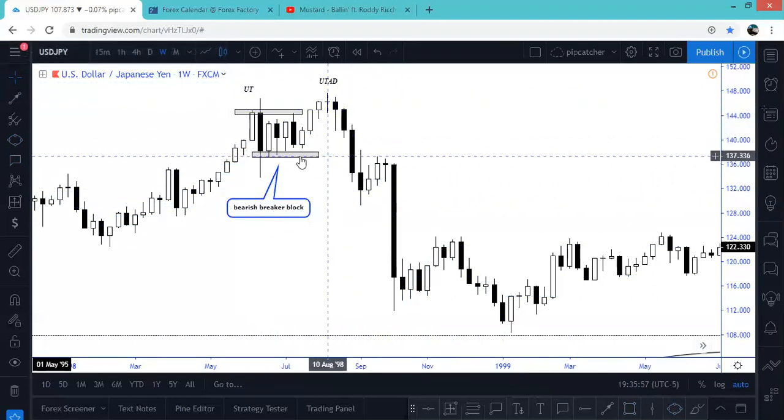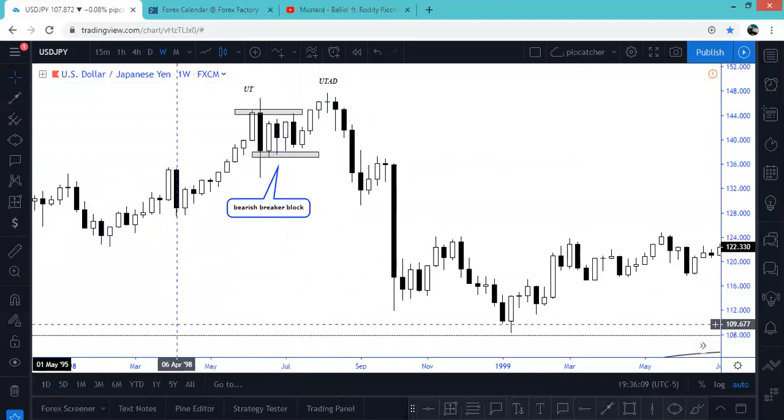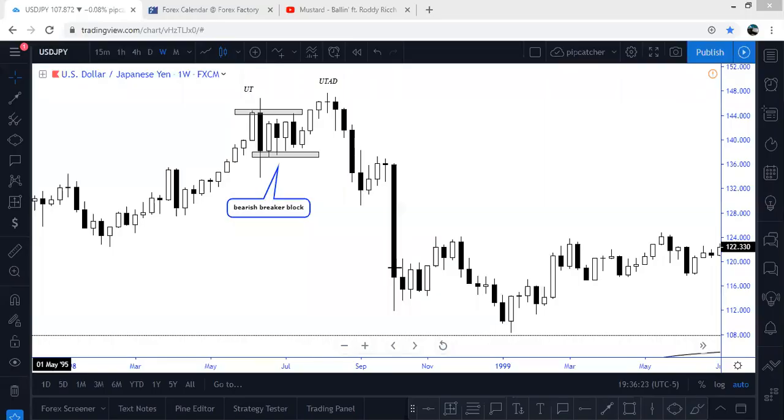Okay? So if you remember, I said in a bearish range, a down closed candle in the most recent swing low prior to an old high being violated, right?